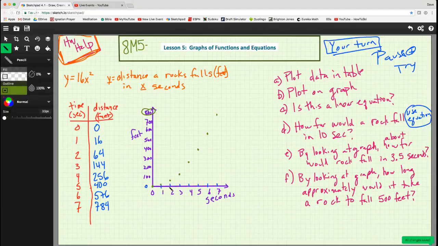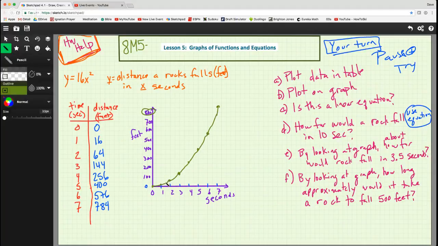So notice what this shape does. It starts getting steeper, and I'm not a great artist. And this should be a pretty smooth line, but so there we have it. There are points, and there's our graph.